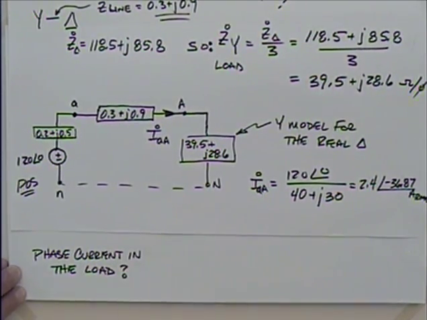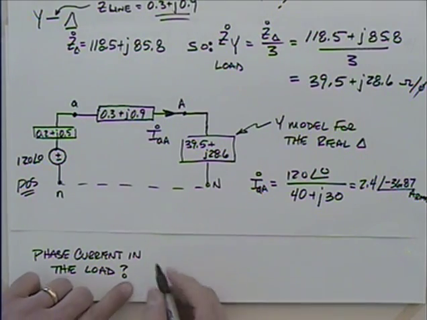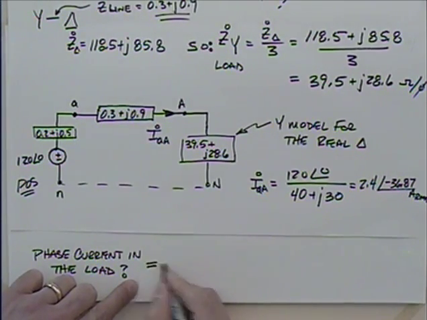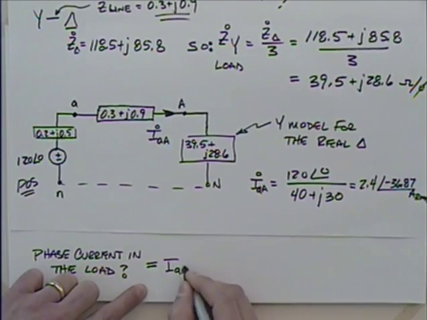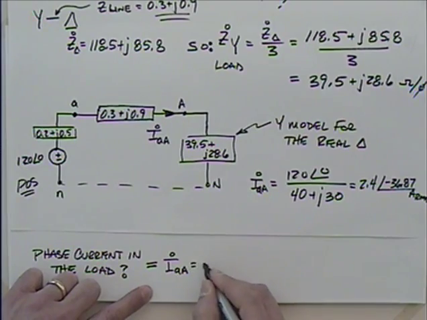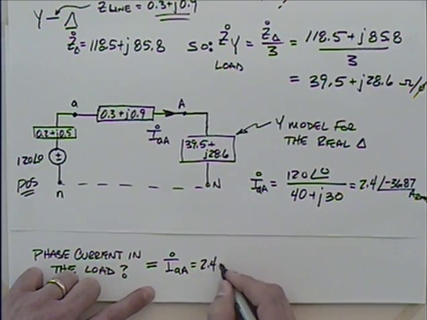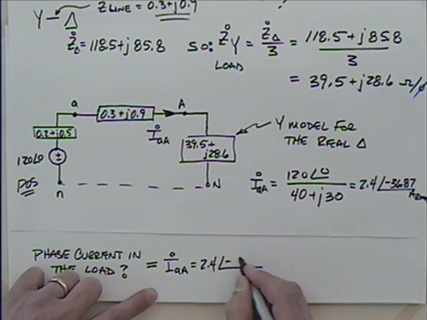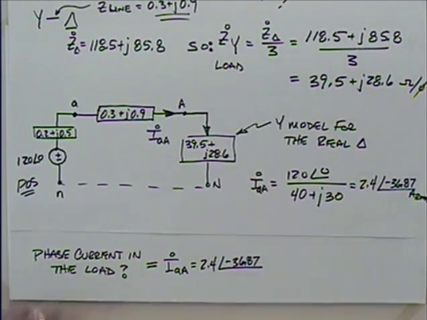I'd like to find the phase current in the load. What is that? Well, some people might think that this is I little a big A. This is a trick question, isn't it? This is really just 2.4 at minus 36.87. I mean, that's the current through there. That's the current through the load, isn't it?